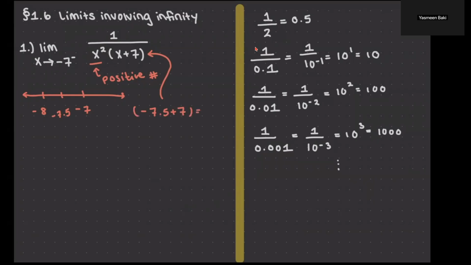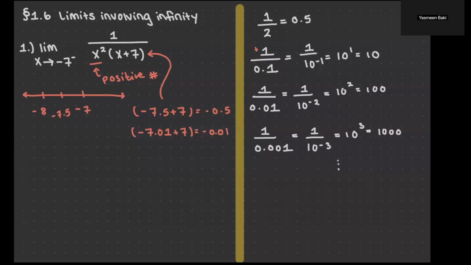For example, this is going to be negative 0.5, right? And as I get closer and closer to negative 7, so I could have like negative 7 point, let's say 0.1 plus 7. This is still going to be negative 0.1, right? Or 0.01.